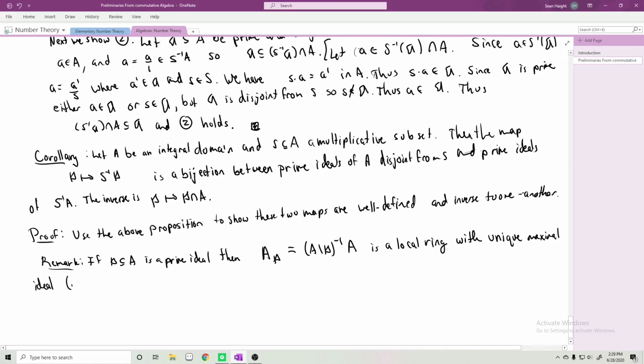What do I want to call it? I guess I'll call it A, kick out P, inverse P. Okay. So you can check this. Maybe it's a good exercise to see what this looks like for the integers or something. Maybe P equals 5.